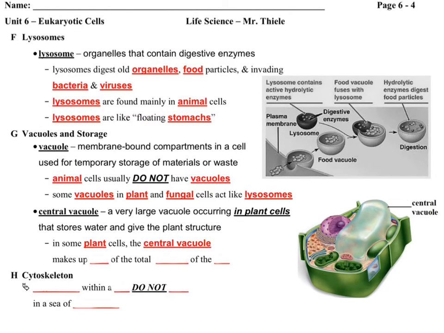So in some plant cells, the central vacuole makes up 90% of the total volume of the cell. It is, like I said, often the largest organelle inside of a plant cell.